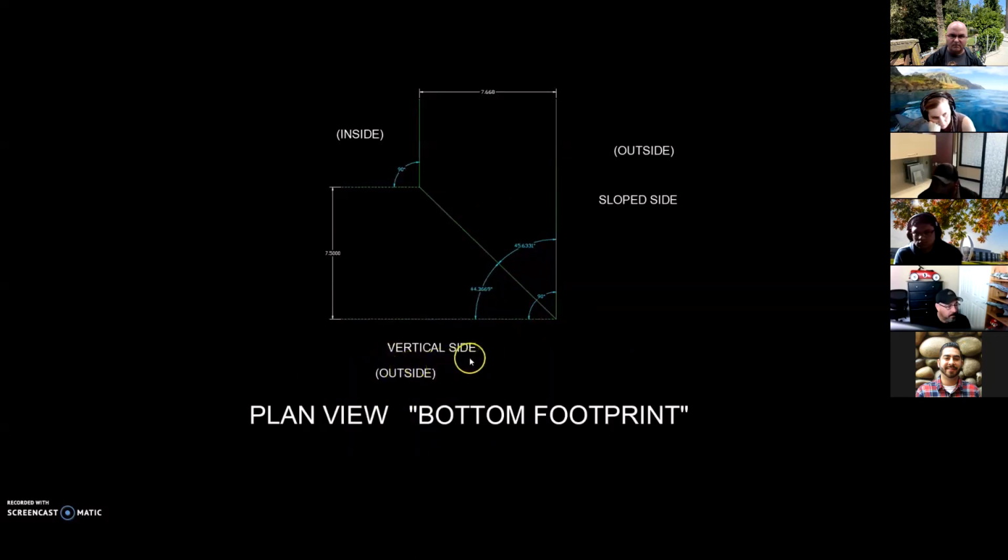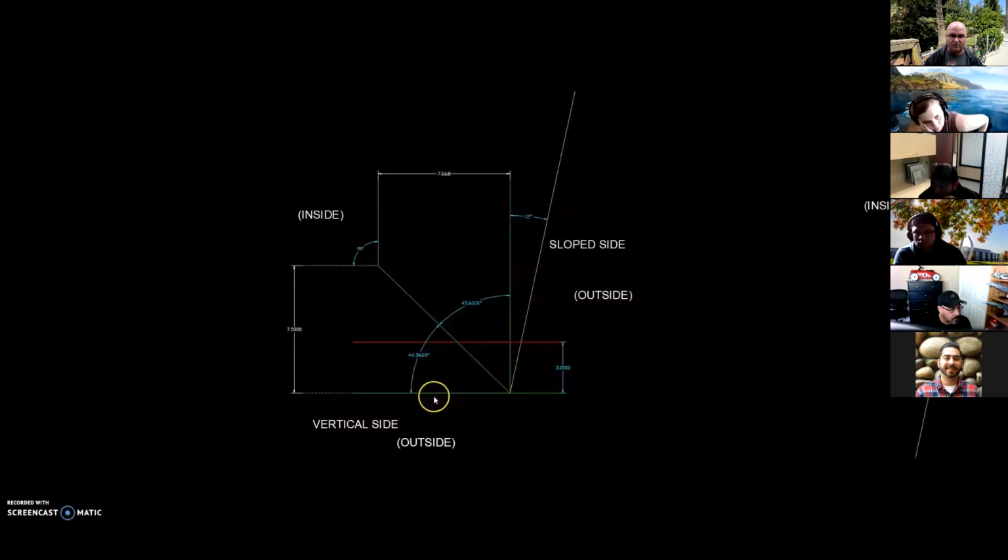With that in mind, we'll create another footprint, which we'll call top footprint, because it's going to be a horizontal cut or section at a higher point than the bottom footprint. Knowing the angle of the slope, we'll make use of this by placing a projection of such slope starting at the outside tip of the corner layout or bottom footprint.